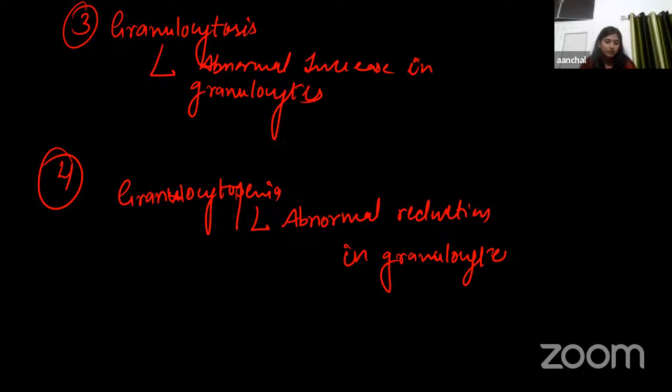Another condition is known as leukemia. We should understand that leukemia is a type of blood cancer characterized by production of a large number of WBCs, including both mature and abnormal WBCs.